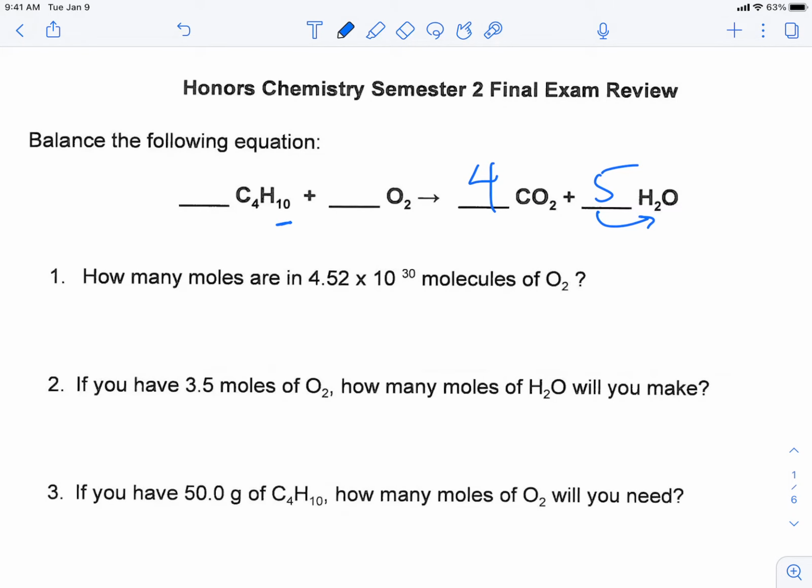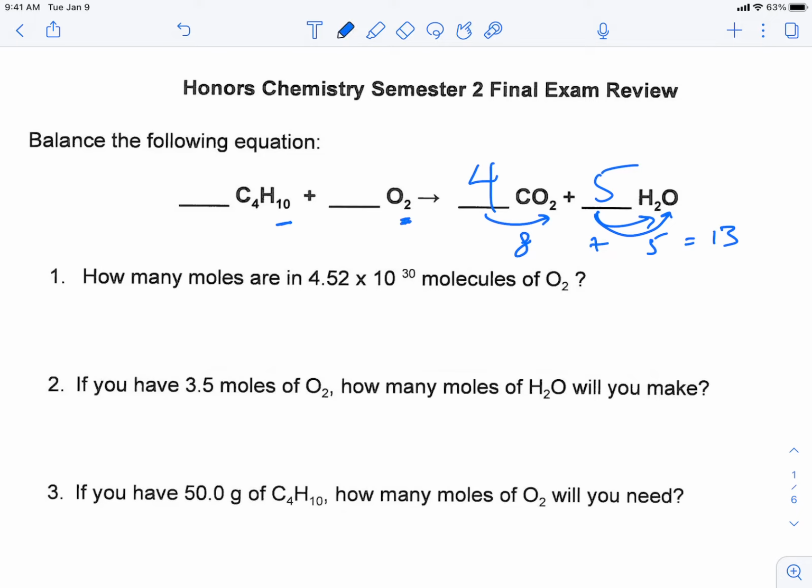Next, I want to count up my oxygens. I only have 2 on the reactant side. On the product side, I have 4 times 2, I have 8. And then this 5 also distributes, so I have 5. So adding those up, I have 13. So I have an even number on the reactant side, the 2, and on the product side, I have an odd number.